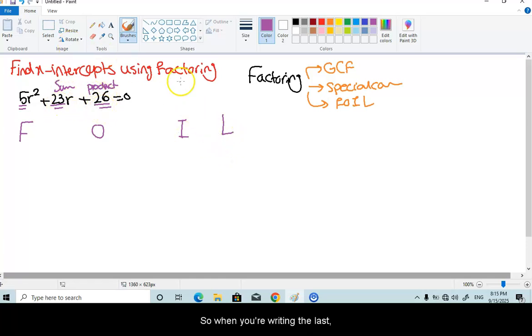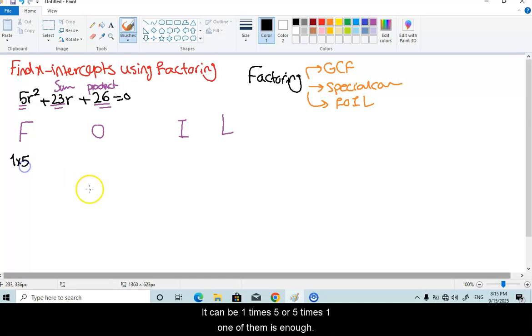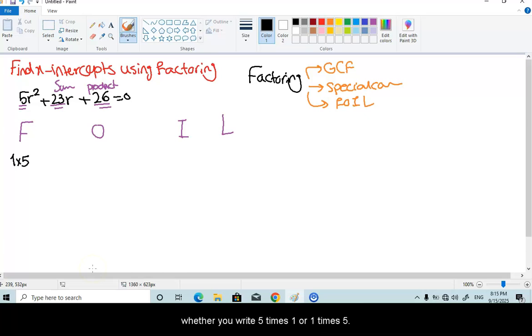So when you're writing the last, both of the factors should be positive, so that when you multiply them, you'll get a positive answer, and when you add them, you'll get a positive answer as well. How can I make 5 by multiplying 2 numbers? It can be 1 times 5, or 5 times 1. One of them is enough, because in the first term, it doesn't really matter whether you write 5 times 1 or 1 times 5. The order of the factors does not matter, but in the last term, it does.